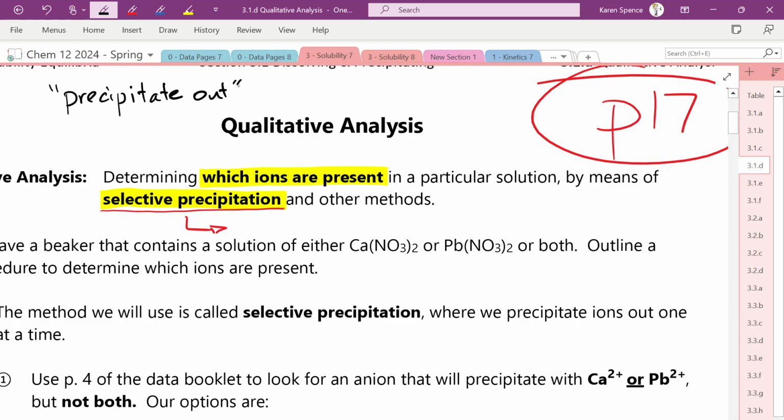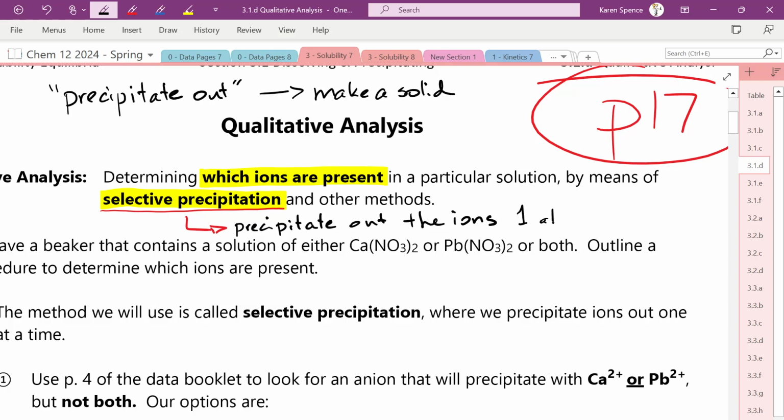Yeah, basically you find something that it will be solid with. Okay, so you make a solid. Okay, so we precipitate out the ions one at a time.